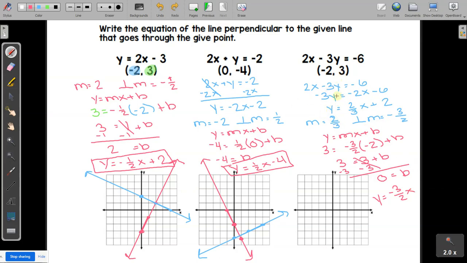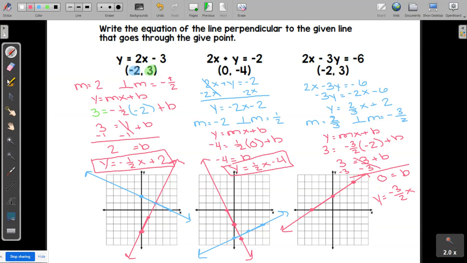So let's graph our first equation. We are going to start at +2, and we're going to rise 2 to the right 3. We're going to go down 2 to the left 3. And draw our line. And then we're going to draw our second line.